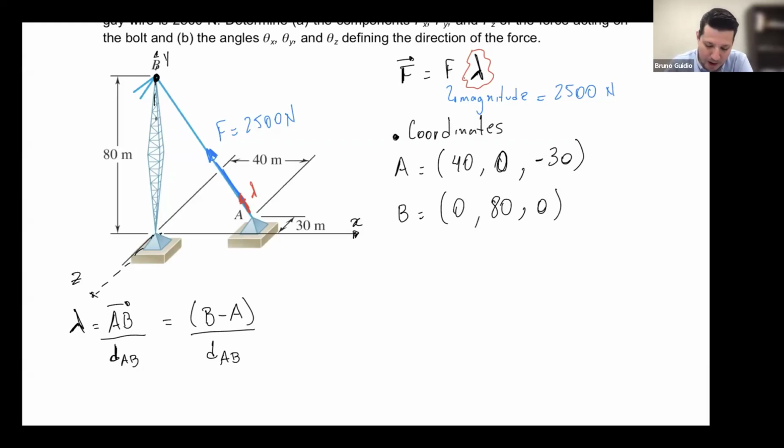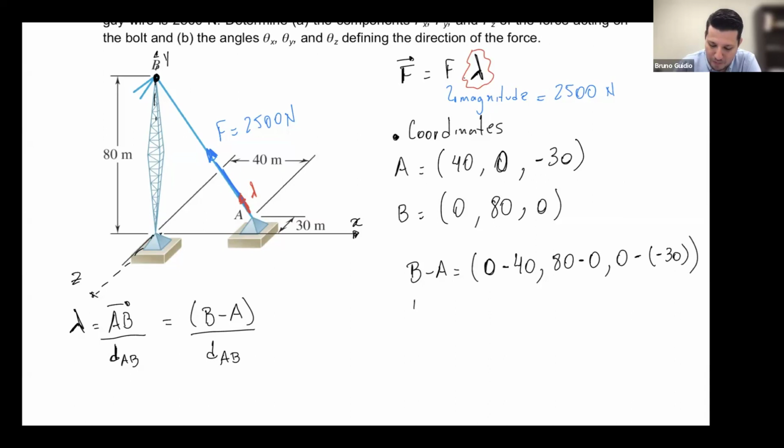So let's find what is B minus A. B minus A is what? 0 minus 40, 80 minus 0, 0 minus 30.